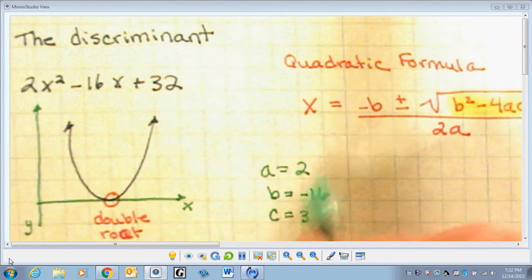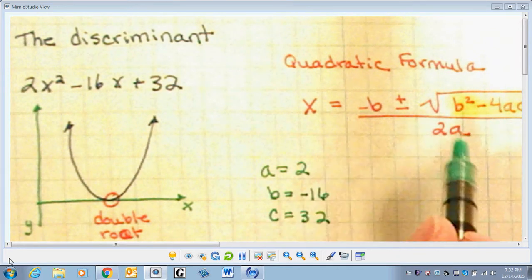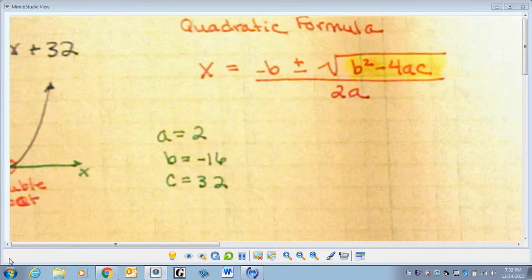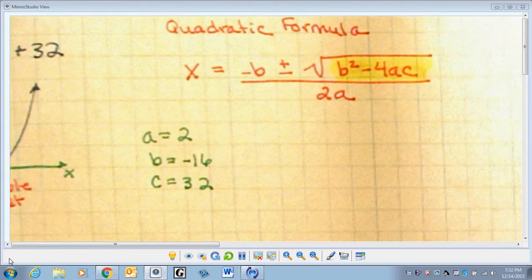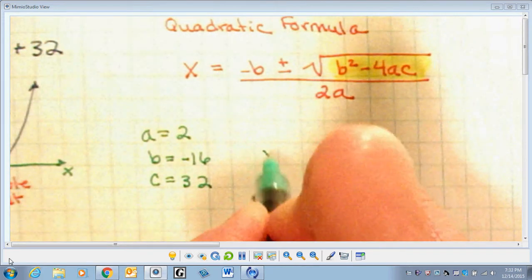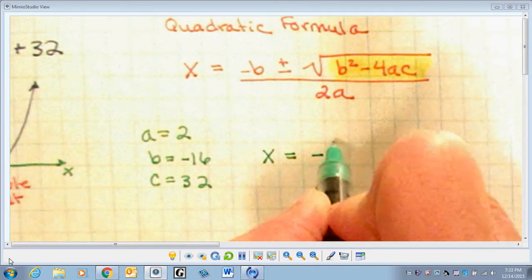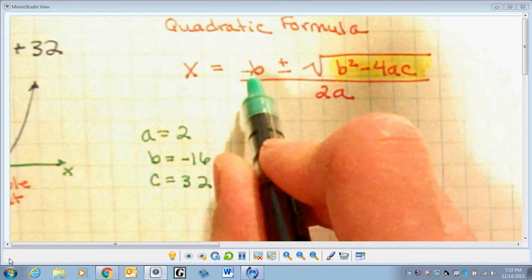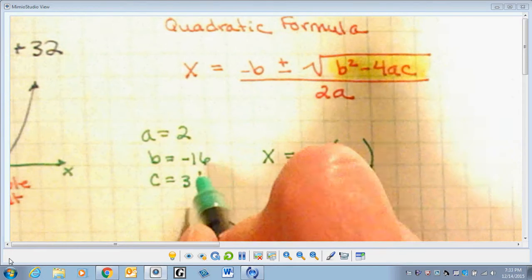I just get in the habit of writing down little things like this because it makes it easier for me to substitute things in. So now I'm going to go to the quadratic formula and substitute in those values. So I have x is equal to negative b. Notice I put my b in parentheses. This negative is in front of the b. This negative is the b.